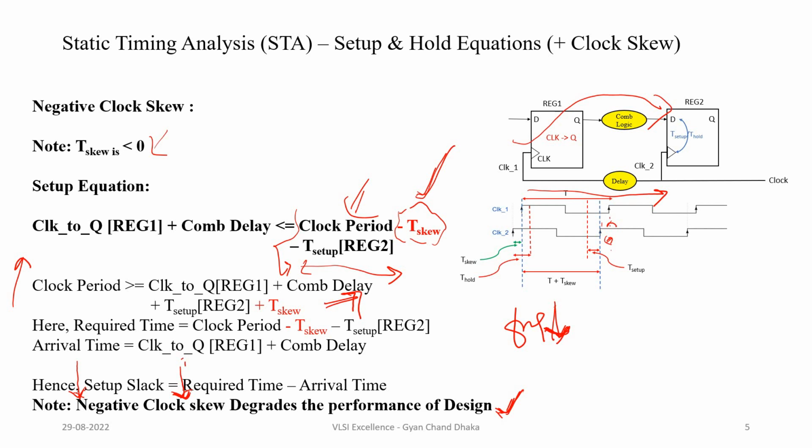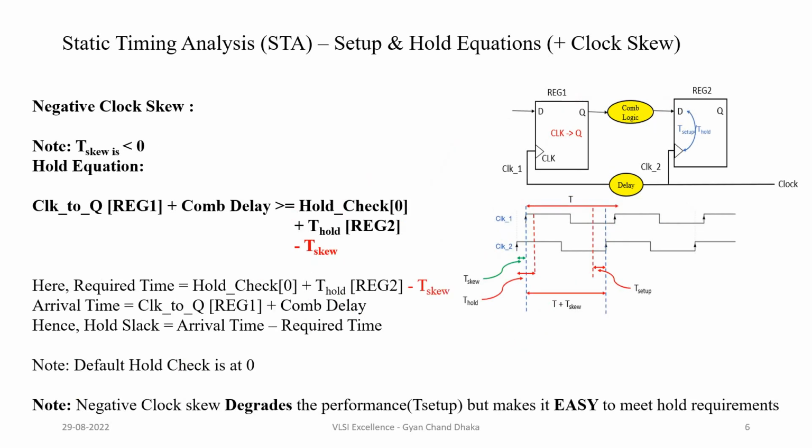Now let's see the negative clock skew impact on the hold equation. As I discussed earlier, this is our hold check. Without the negative clock skew introduced, if we remove this t skew term, this is our equation: the propagation delay should be more than the hold check at 0 plus t hold.